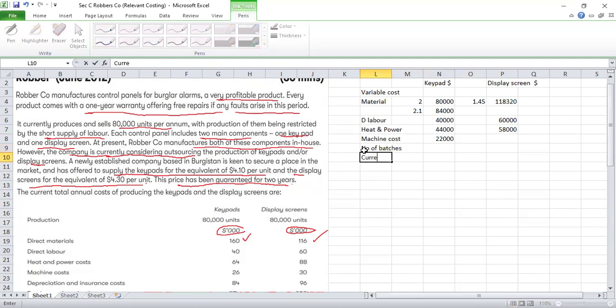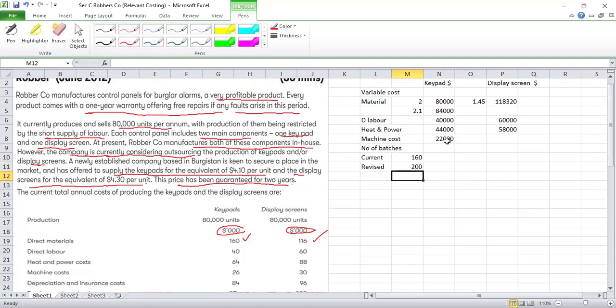Current is 80,000 divided by 500. So we have how many batches? 160. Revised is 80,000 divided by 400, 200 batches.